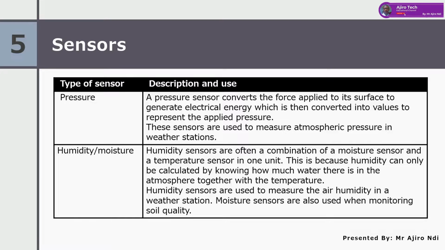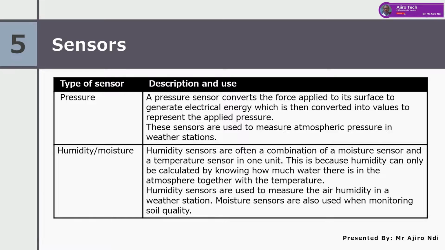The next one is humidity or moisture. Now, humidity sensors are often a combination of a moisture sensor and a temperature sensor in one unit. This is because humidity can only be calculated by knowing how much water there is in the atmosphere together with the temperature.